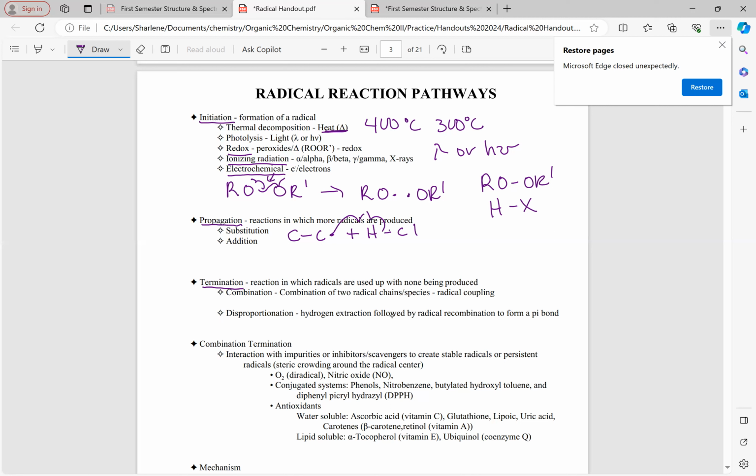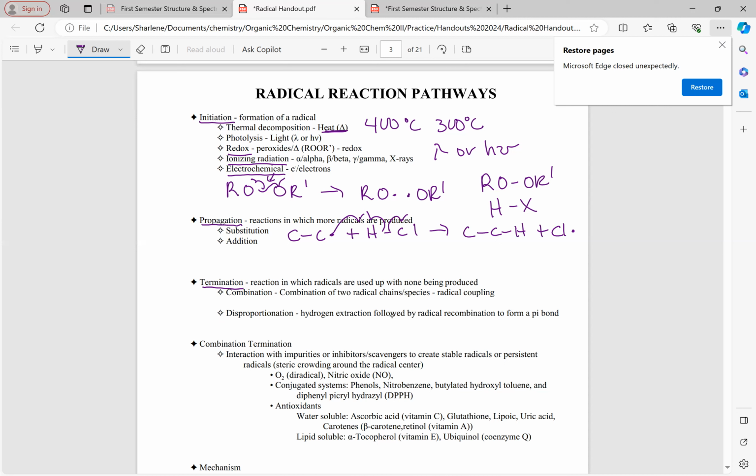Remember, for the curly arrow, we use the arrow with one side to indicate that we're only moving one electron. I substituted the radical for the hydrogen, and then the hydrogen for a radical on the chlorine. That is a generic substitution reaction for radicals. Am I going to talk about the stability right there? No, that's just a propagation step.